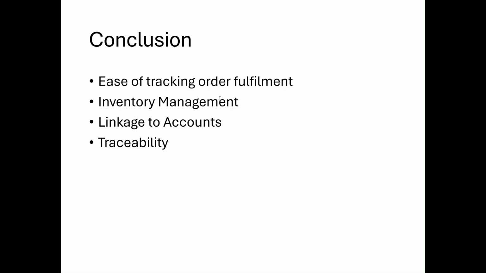You can see that the general ledger is affected by all the transactions like invoicing. The stock ledger is also affected by purchase receipts and delivery notes, and all the actions that are done on the system can be tracked accordingly.